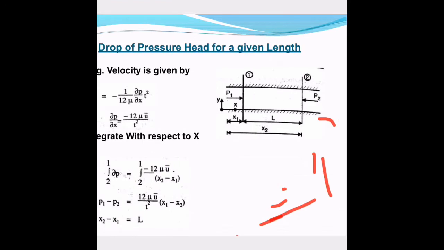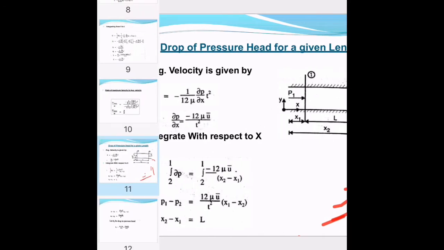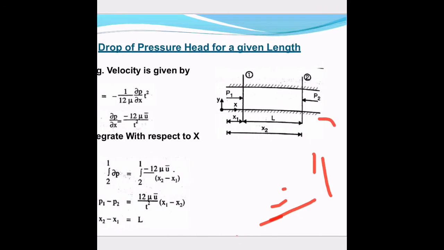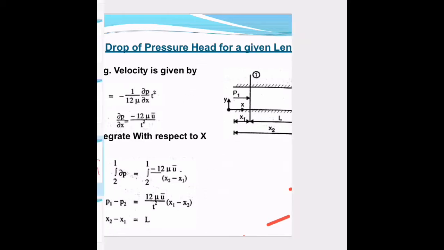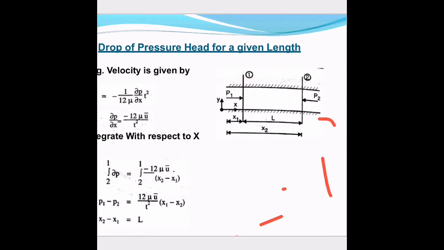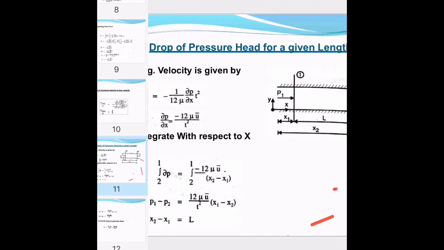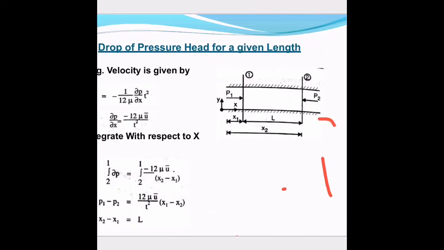P1 is the pressure exerted on cross section 1, and P2 is the pressure exerted on cross section 2. So in between these two cross sections we have to find out the drop of pressure.